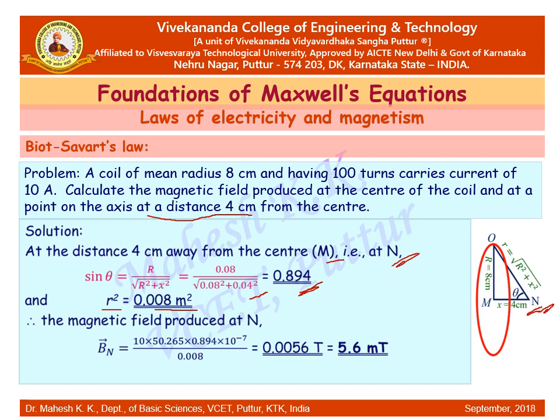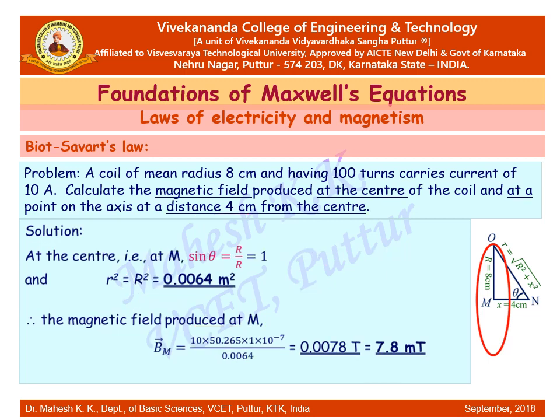Therefore, the magnetic field produced at N, using the formula in the previous slide, we can calculate B at N as 5.6 millitesla.